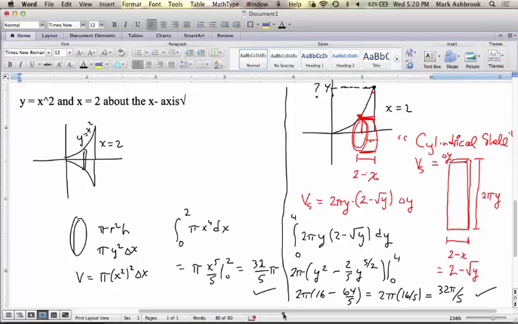But there are going to be problems where shells are a lot more convenient and easy. So you wouldn't choose to do it this way for this one, but we've got to learn it. It's a good example to show that you get the same volume regardless of which way you do it. Questions? Anybody? Okay.